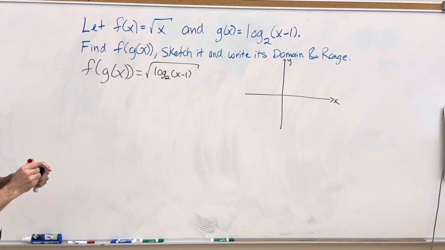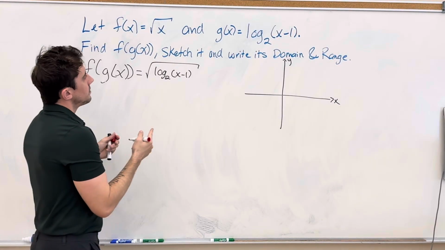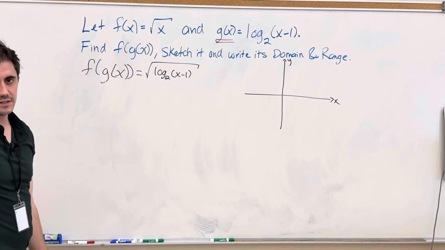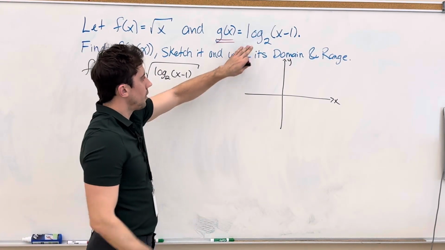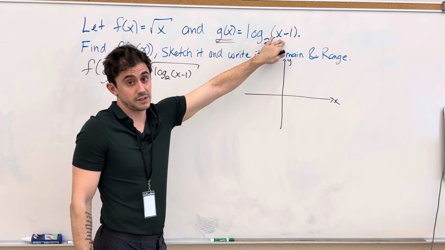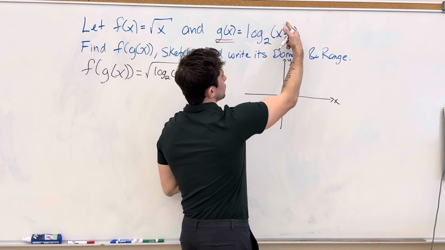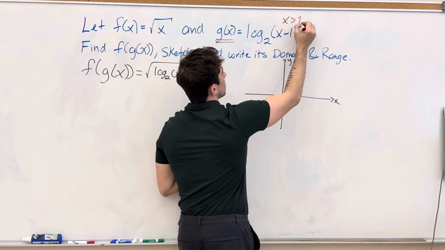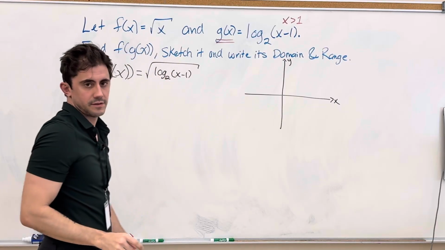Now, the log base 2 of x minus 1, right? Let's first sketch g of x by itself. We know that logarithms are only defined when the arguments are positive, strictly positive, right? And so that means that we have restrictions on this function. We already need x to be greater than positive 1, right?